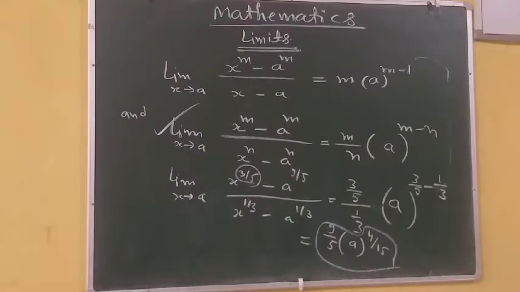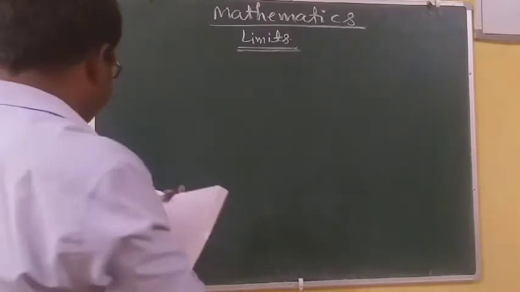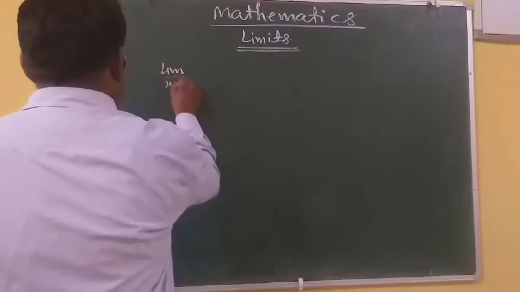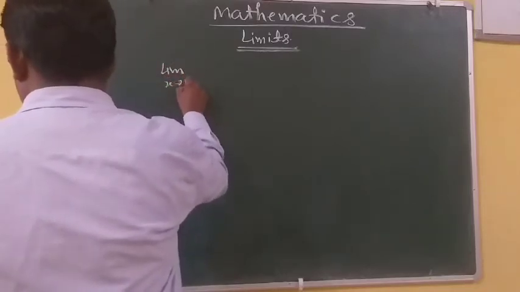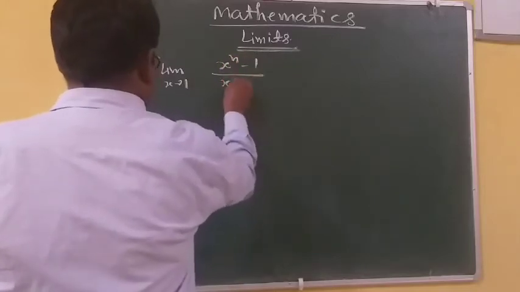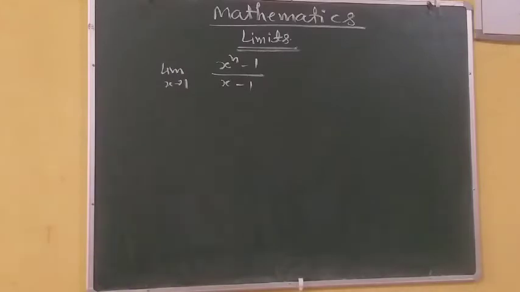Some more numericals like limit x tends to 1, (x power n minus 1) upon (x minus 1). See, how will you solve it? You can try to solve it.